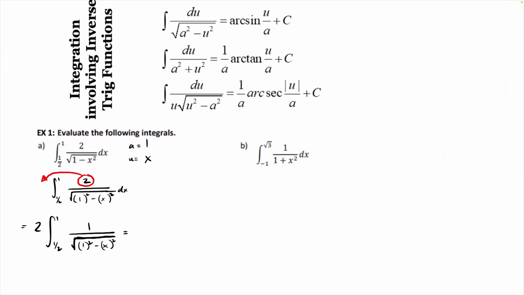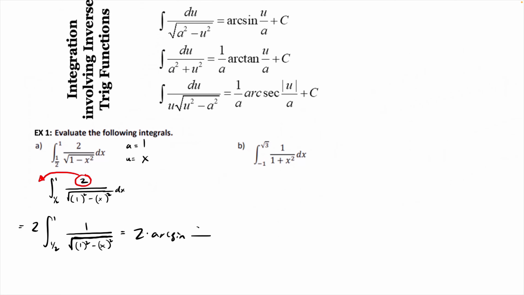So what does that equal? Well, that equals arc sine or inverse sine. You can write arc sine, you can write inverse sine, it doesn't matter. So we have the 2 in front times arc sine of u over a. Well, u in this case was x, a was 1, and we're not going to do a plus c for this one because this one has bounds.